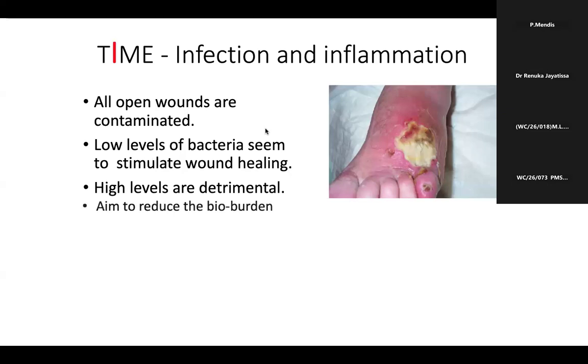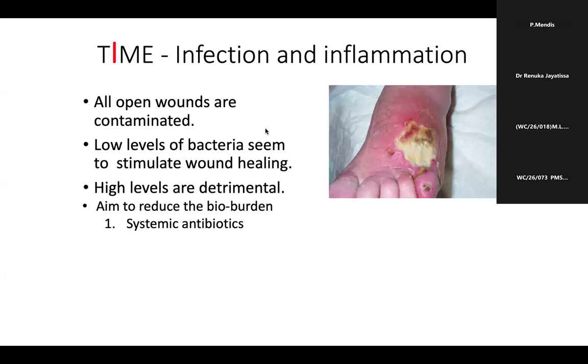Those are the bugs we really want to try and sort out and find. And if you can remove that bioburden, that is the whole idea of the time concept. Now, how do we do it?